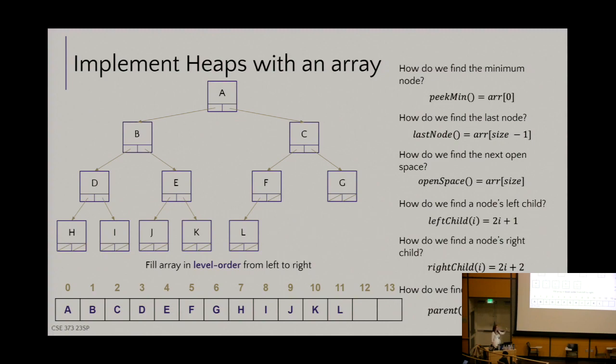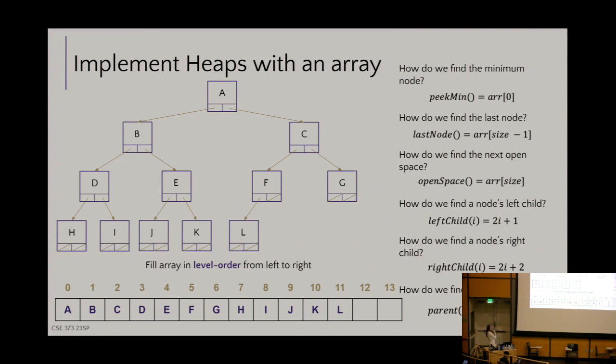That means that if we fill from 0 forward, the last possible thing, the L in our case, is at size minus 1. That means there's 12 items in here because we use 0-based indexing. We can find the last element at index 11, 12 minus 1. Which means what was previously a linear runtime to move through the tree and find stuff is now a constant time lookup.